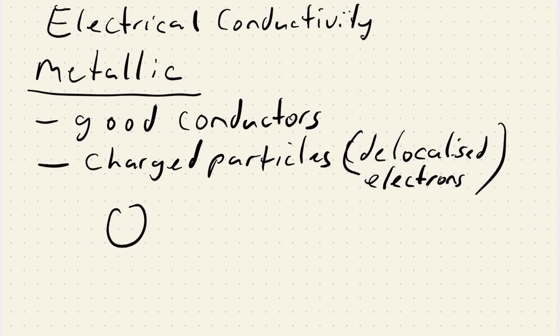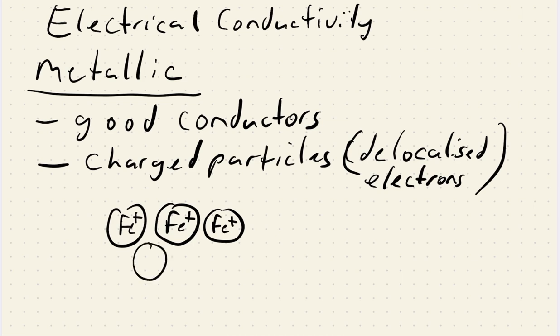So for example, if I draw iron in a metallic lattice, we will have these positive metal ions. But of course, in that lattice, it's also going to have these negative electrons that are free to move. And this can occur even if it's a solid or a liquid.